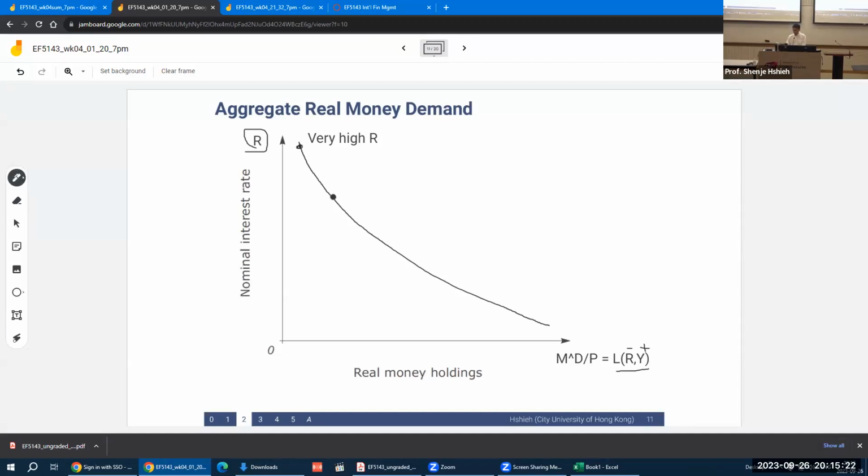But as I decrease R little by little, there is a trade-off, because the attractiveness of investing my cash into bonds is smaller as I decrease R. And we can do one last point here, at a very low R.